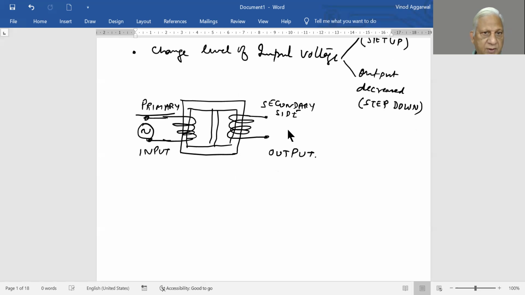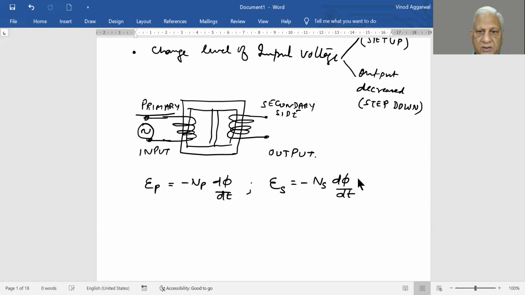Now, because of the geometry of the transformer, voltage across primary is equal to number of coils in the primary times the rate of change of flux. Similarly, voltage across secondary will be number of coils in the secondary times the rate of change of flux. It is interesting to know that this d phi by dt in both the cases is the same because it is the same flux which is linked in both the coils.